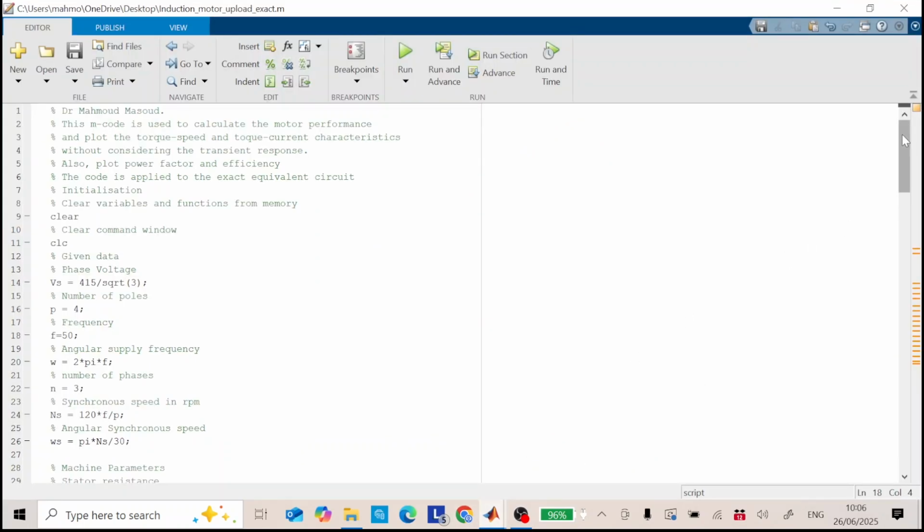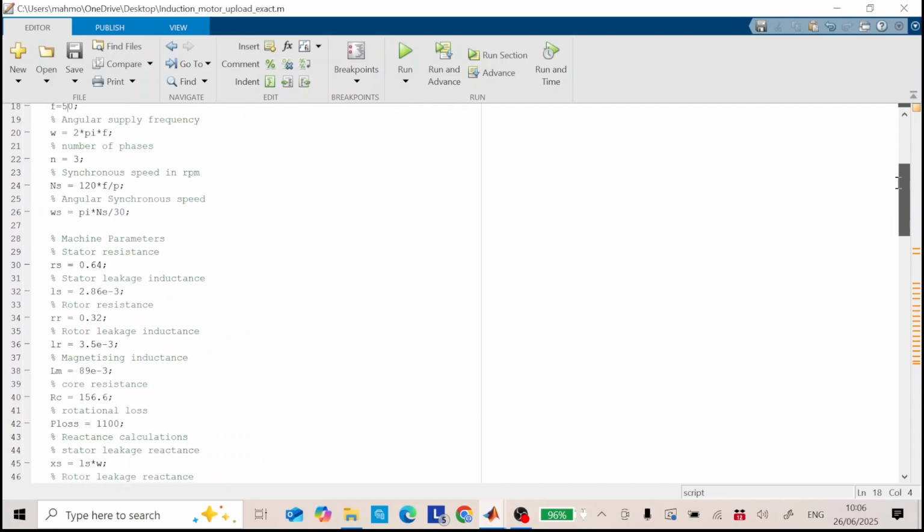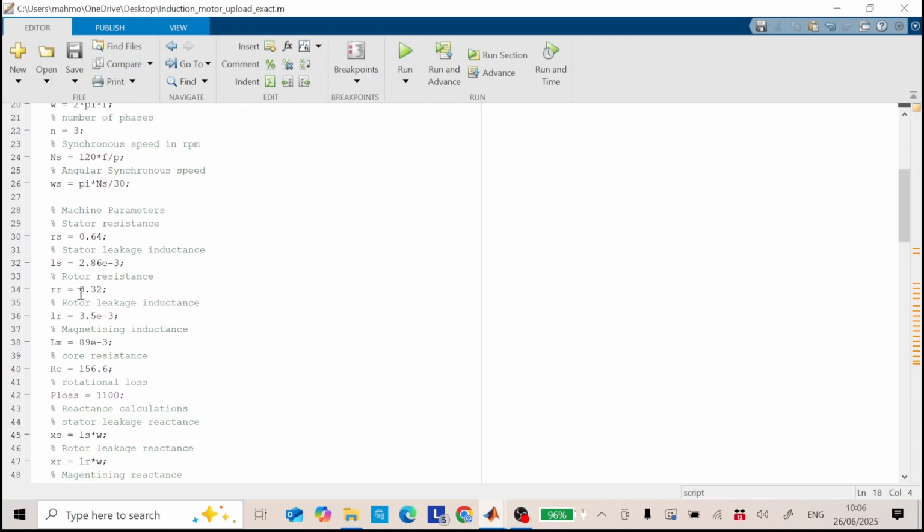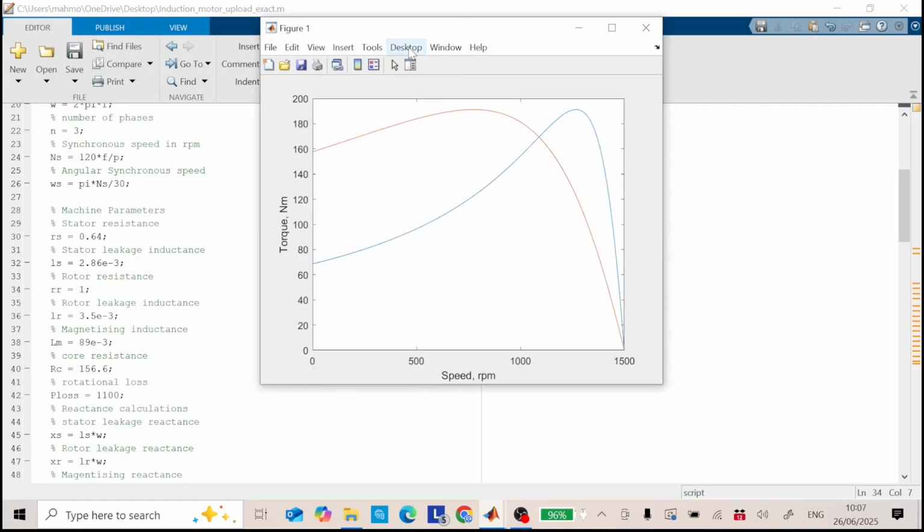I'm going to change the rotor resistance from 0.32 ohm to 1 ohm, for example. Let us see. So now we have torque speed characteristics. Starting torque is increased and the speed is going towards this direction, or the maximum torque occurs at lower speed, but almost the same value.